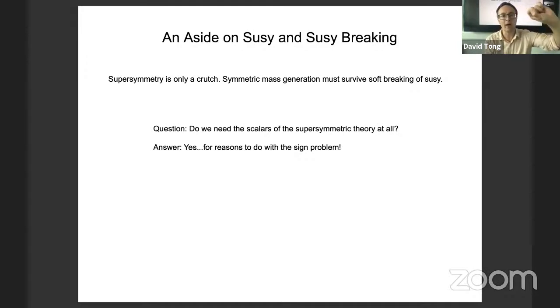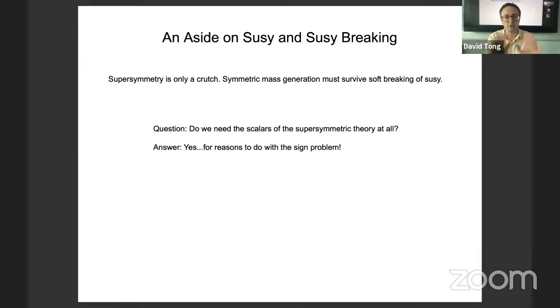If I now move away from the UV theory and start to explore the neighborhood, just by continuity, the fermions can't suddenly become massless, but neither can the symmetry suddenly become broken. Because if the symmetry suddenly became broken, there would be Goldstone modes. So there has to be some neighborhood of that supersymmetric point around which this symmetric mass generation or confinement without chiral symmetry breaking has to still survive.